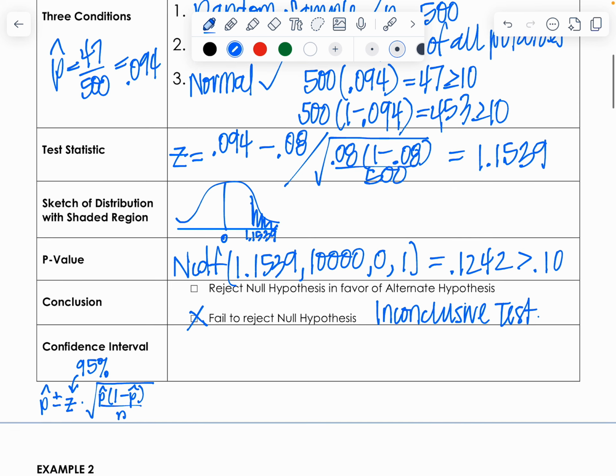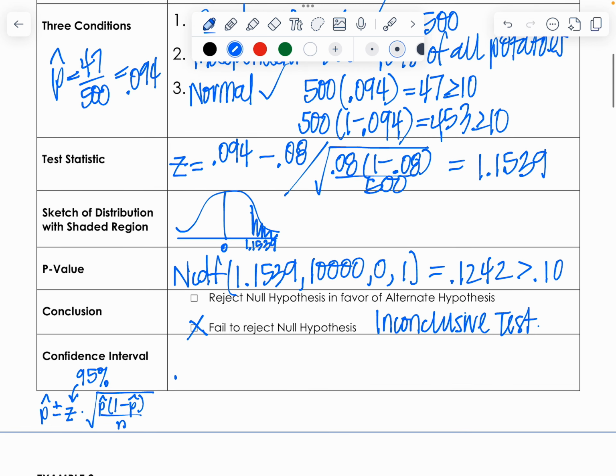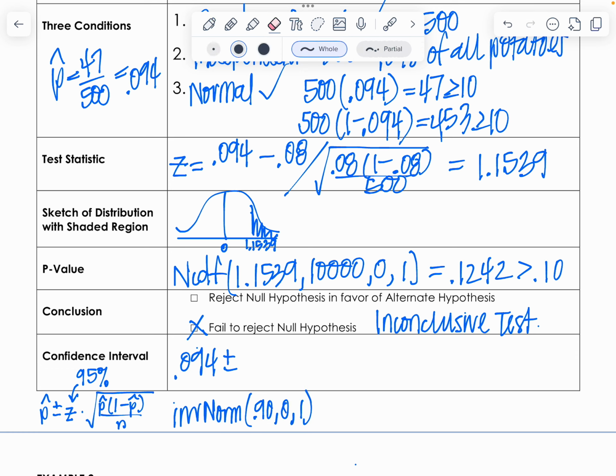Okay, so we will do 0.094 plus or minus. I'm going to do inverse norm of 0.975, not 95, to get my critical value, with the center.